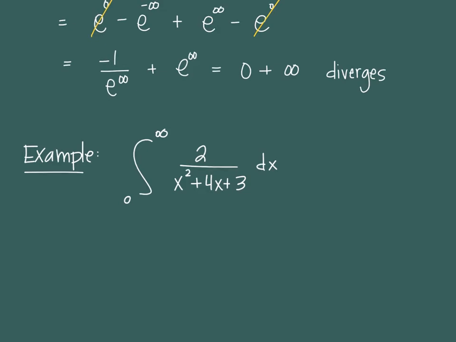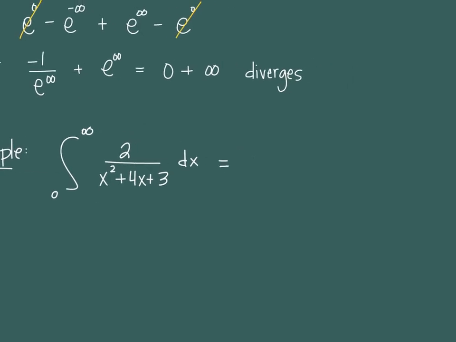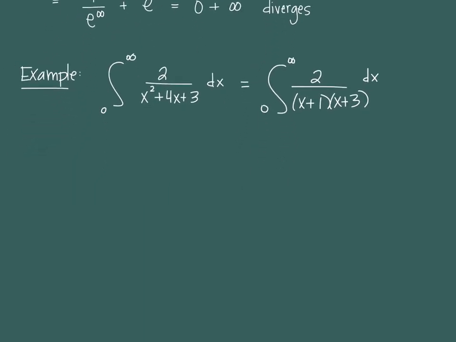Okay, so the discontinuities here, you would think about it in its factored form. So 0 to infinity of 2 over x plus 1 and x plus 3 dx. So it does have 2 discontinuities, but the discontinuities aren't within the bounds. So I can go right to integrating that.